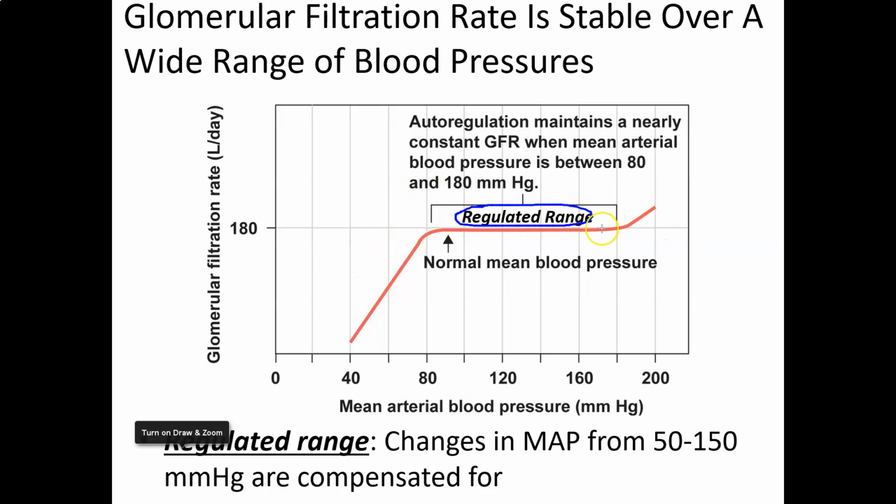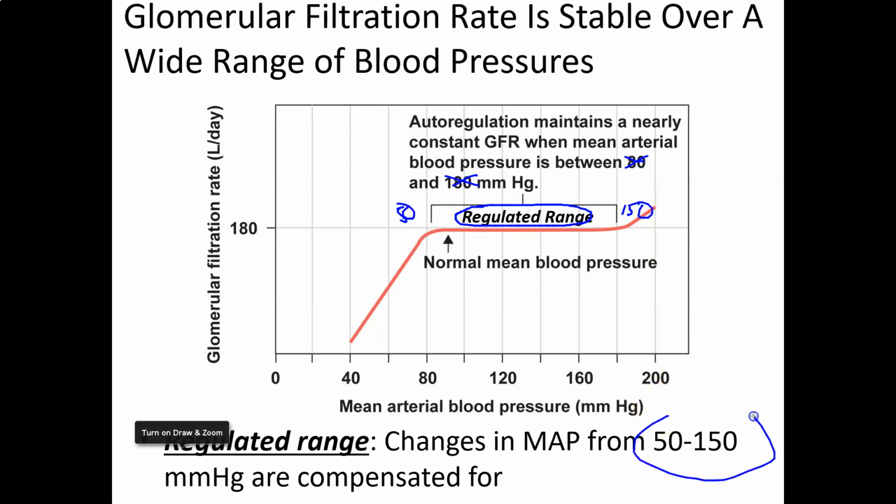I cannot find a figure that is what I've learned and what I understand being correct in terms of the numbers, so I'm going to cross these out. And basically, the regulated range is from 50 to 150.